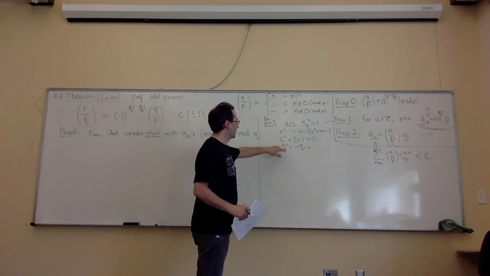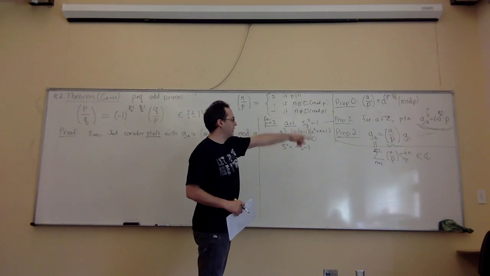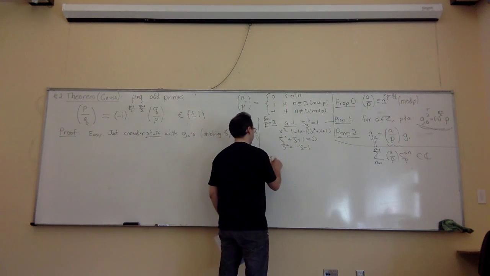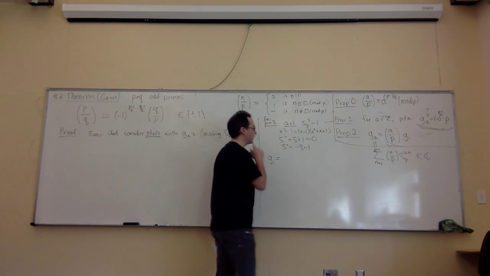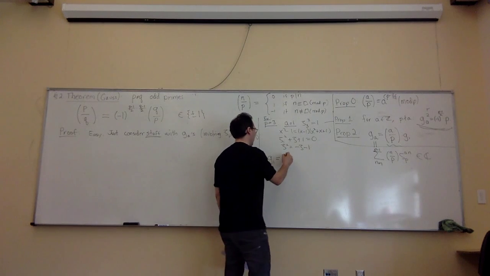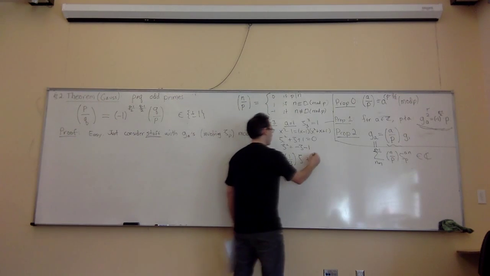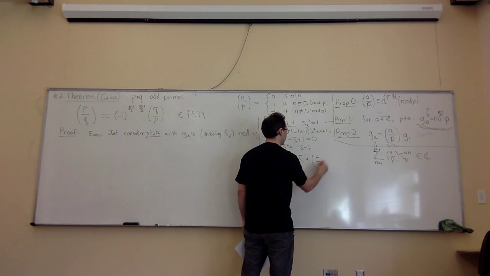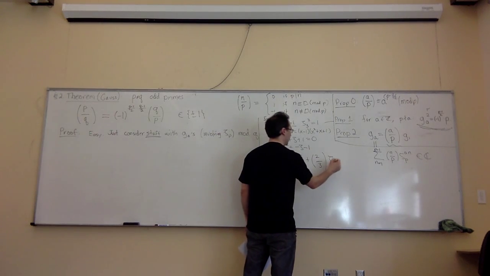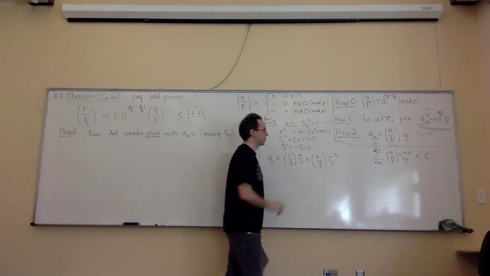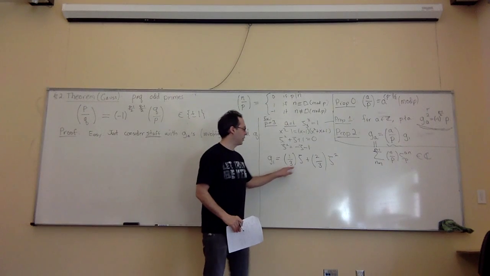Okay, so that's what zeta is, and now let's write down the definition of the Gauss sum G sub 1. G sub 1 is the sum of 1 on p equals 3 times zeta, plus 2 on 3, that symbol, times zeta squared, because a is just 1, and this is n equals 1 and n equals 2.